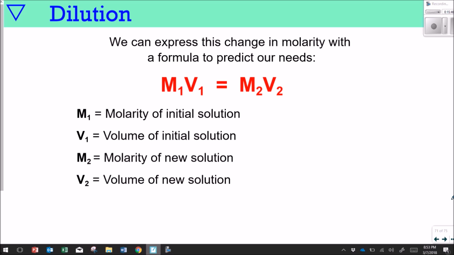We can express this change in molarity with a formula to predict our needs, and the formula is M1V1 equals M2V2. M1 is the molarity of your initial solution, and V1 is the volume of your initial solution. So this is the stock solution or your concentrated solution.